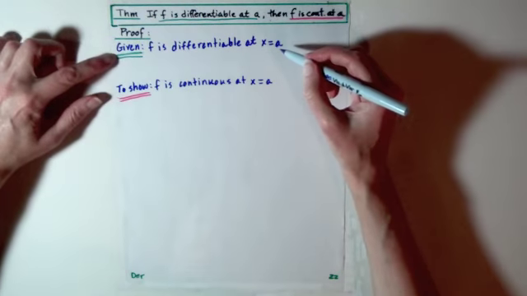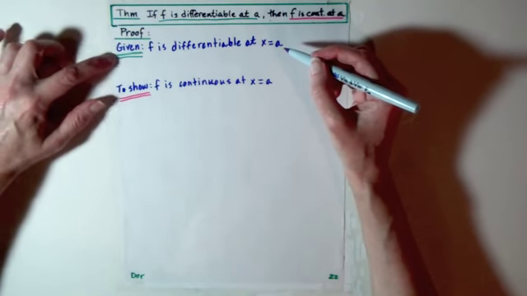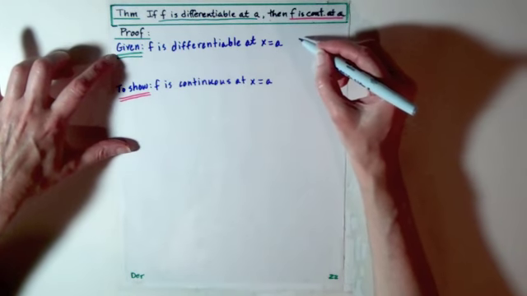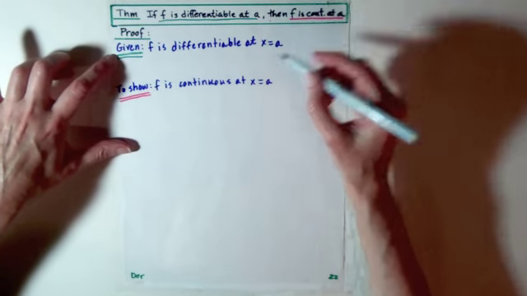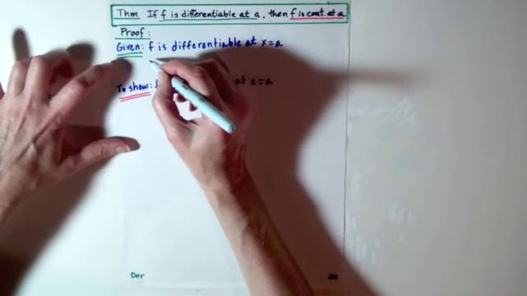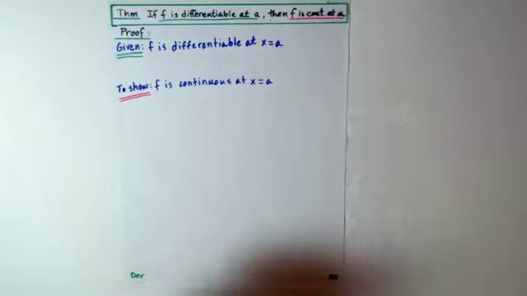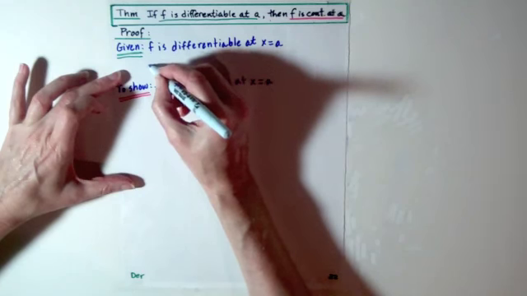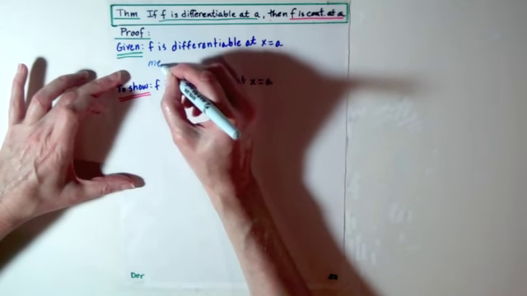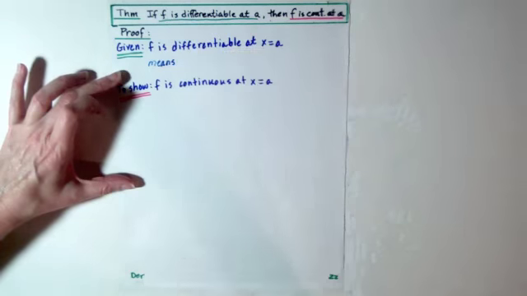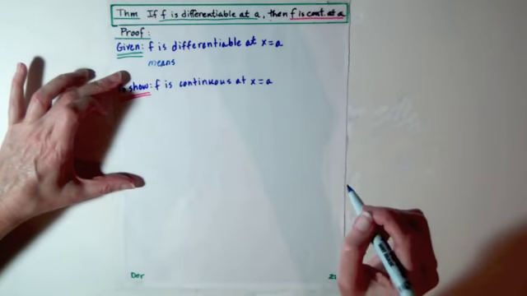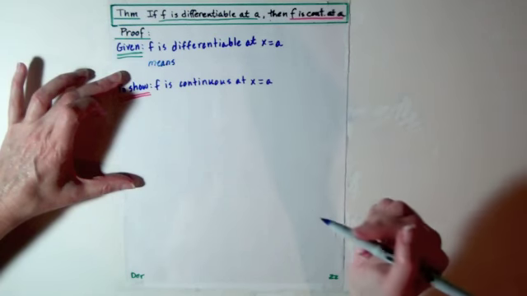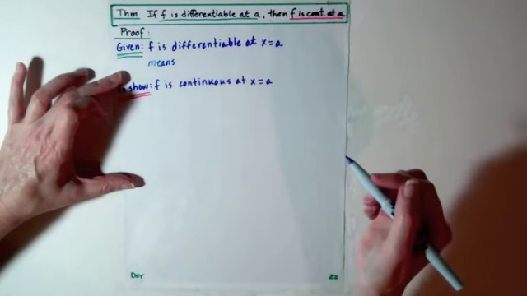Well, when we're given some information like f is differentiable at a, we want to ask ourselves, what does this mean? Let's see if we can figure that out. Let me do that in a different color underneath here. Saying that f is differentiable at a, remember what that means is that the limit as h approaches 0 of f of a plus h minus f of a over h exists.